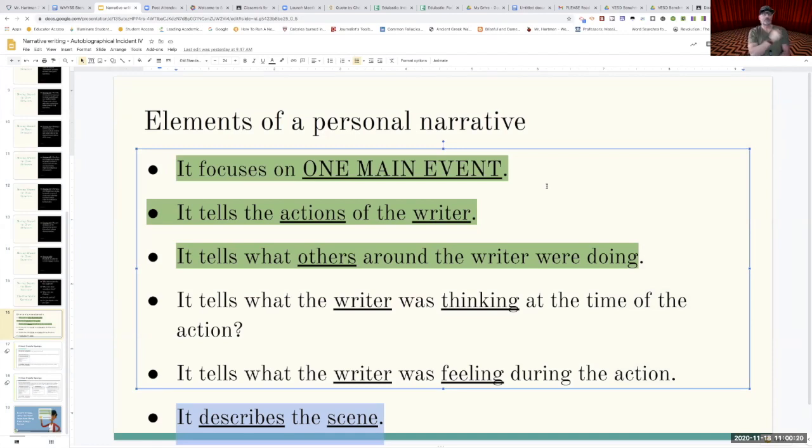So simple sentences when we're trying to communicate a really important point, and then a mixture of compound and complex sentences, and then focusing on our vocabulary. Strong verbs really make any type of writing, but especially a personal narrative, move well. And it's just more entertaining for your reader as well.